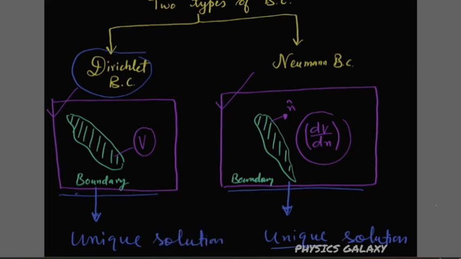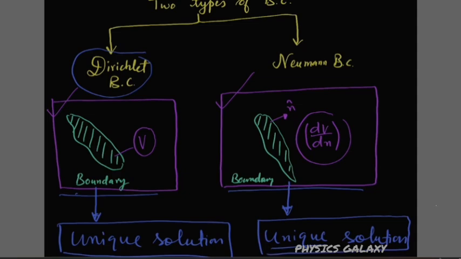So both these boundary conditions guarantee that the solution you get after solving your Poisson's equation will be a unique solution.